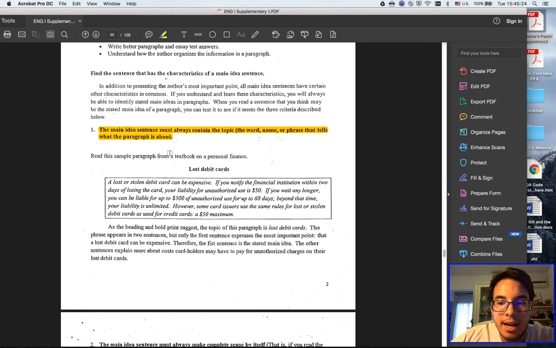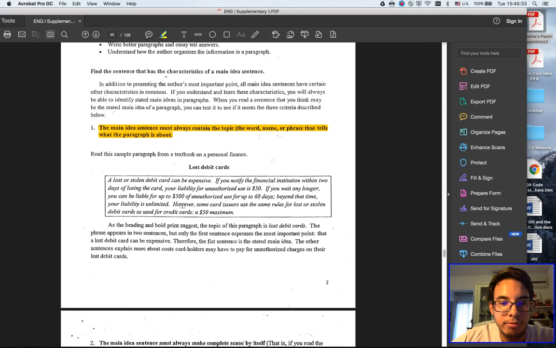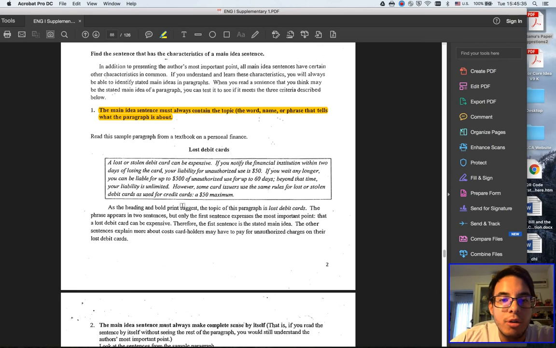So go ahead and pause this video and read the paragraph here about lost debit cards. Okay. Now, one of the things that you should keep in mind is the title. Notice that the title is a very big giveaway of what the paragraph is going to be about. It says lost debit cards, so whatever you're going to read, you know that it's going to be talking about debit cards.